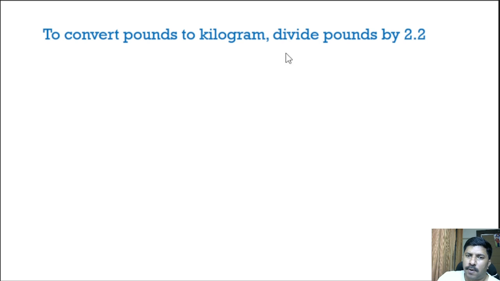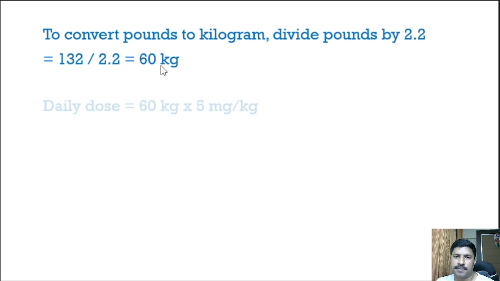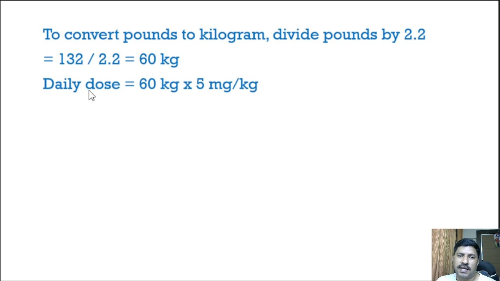To convert the pounds into kilograms, we need to divide the pounds by 2.2. The patient's weight is 132 pounds. Dividing by 2.2, that is equal to 60 kg. The daily dose is calculated by 60 kg multiplied by 5 milligram per kilogram. Solving this, we get 300 milligram.